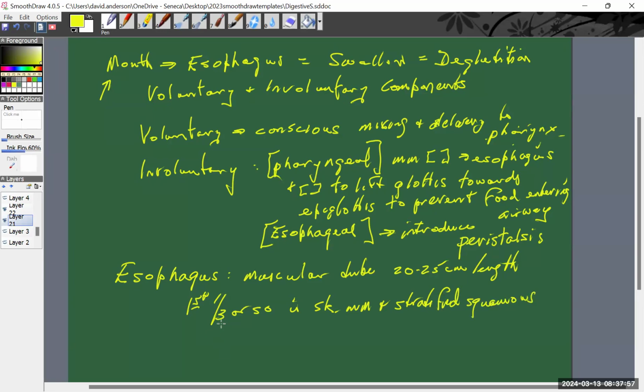So then somewhere along the middle section of the esophagus, we are going to switch to smooth muscle and the simple columnar epithelium.